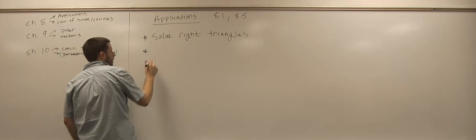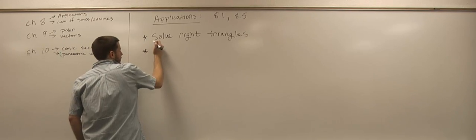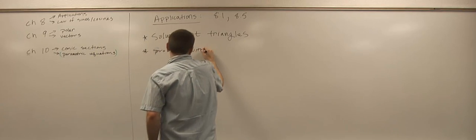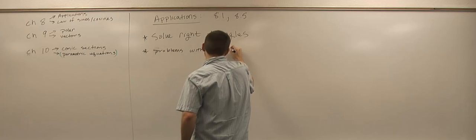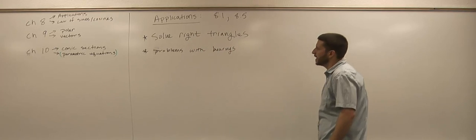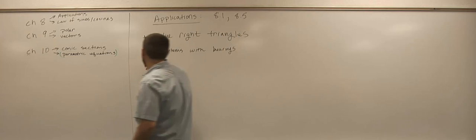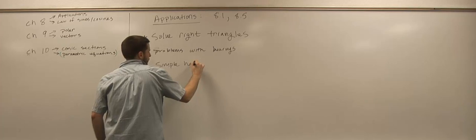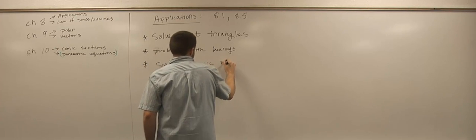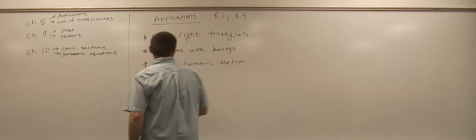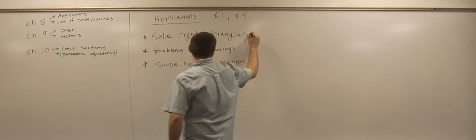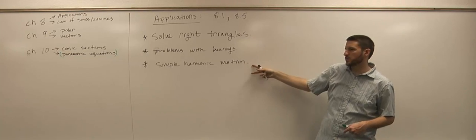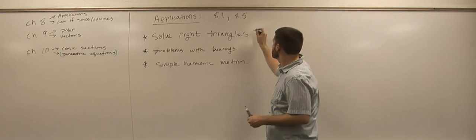We're going to solve problems involving bearings. Bearing is like the direction that something's heading. And then finally, we're going to do simple harmonic motion. Sounds pretty. I know. It is. So these are the 3 things we'll cover in 8.1 and 8.5. These 2 are in 8.1, and then this one's in 8.5.